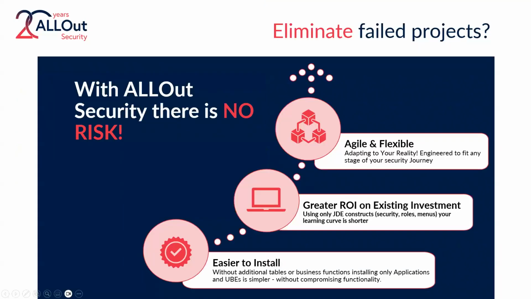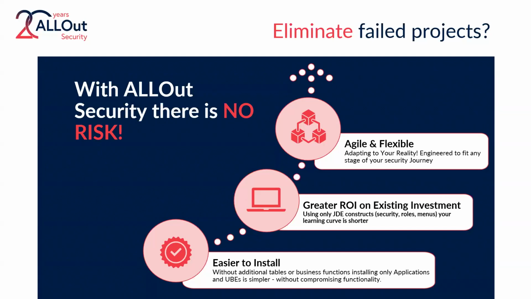This year marks 20 years of ALLOut security, and within that time, we've nurtured a global customer base, helping them achieve their security, risk management, and compliance goals. So what does set ALLOut apart? Essentially, it's primarily 3 unique benefits. Firstly, it's how and where our software operates, and that's within the JDE ecosystem as an add-on toolset.